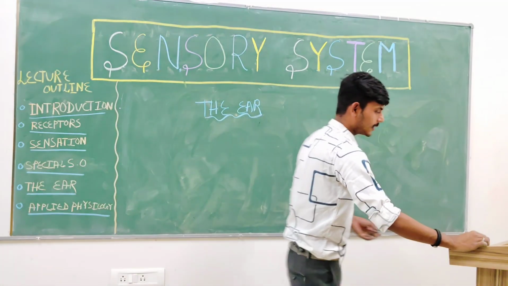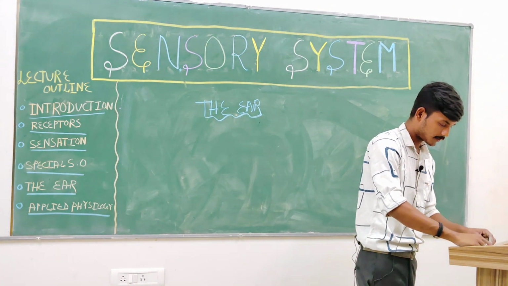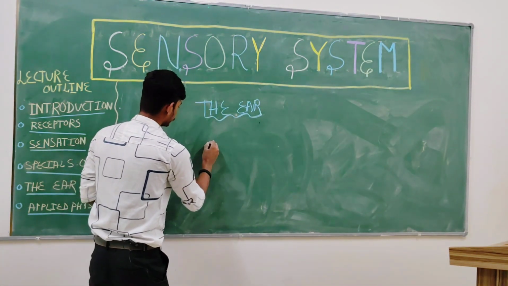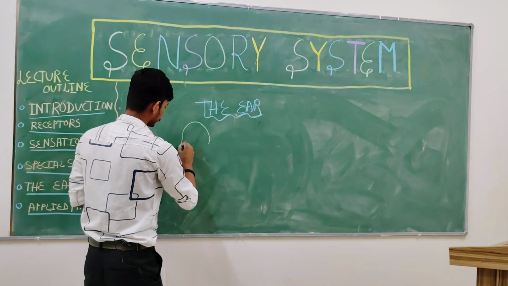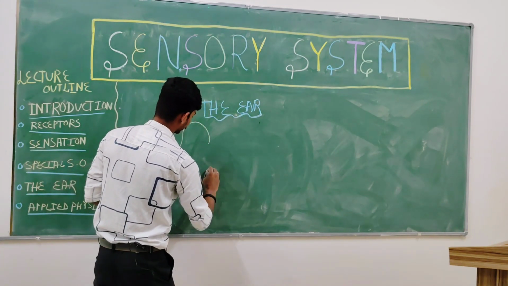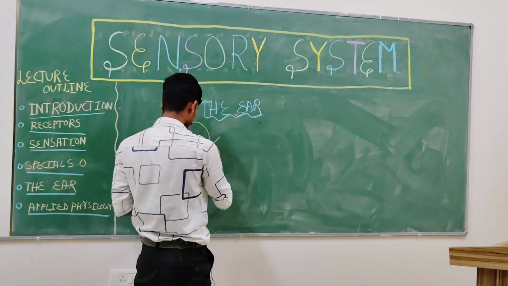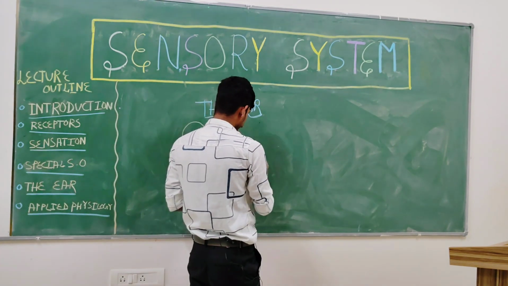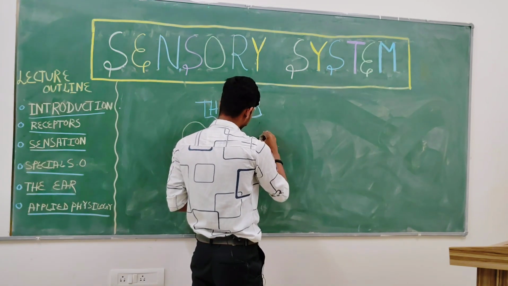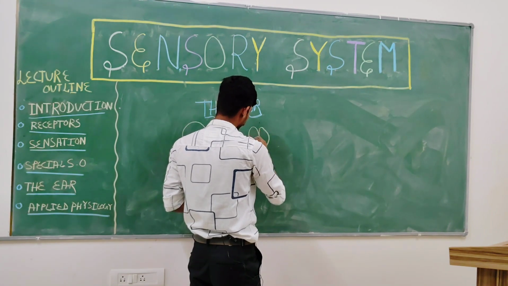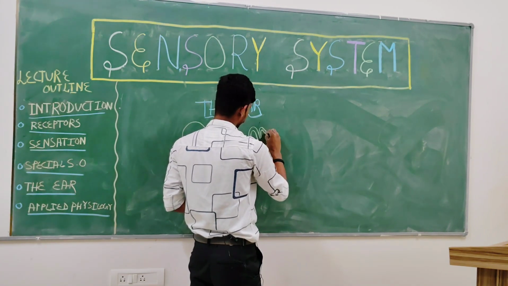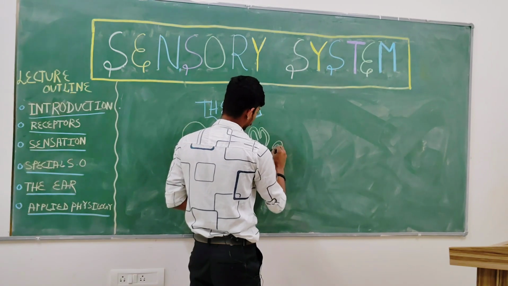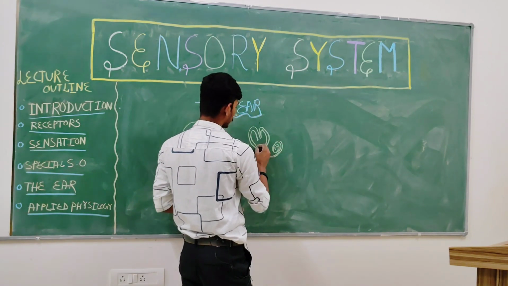Now first we will draw the diagram of the ear and then describe it. These are the cochlea.